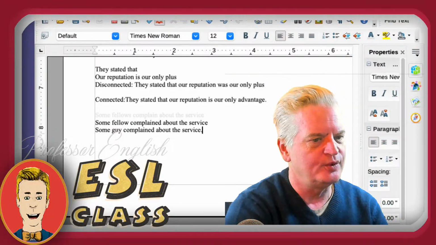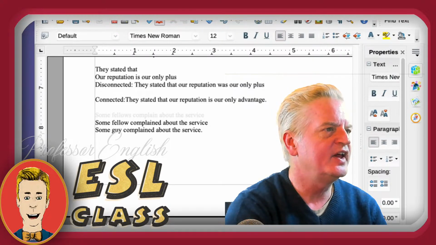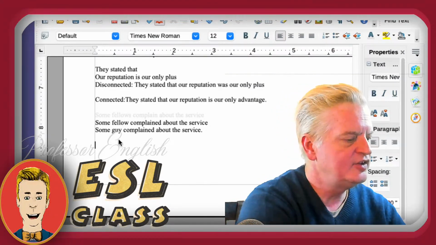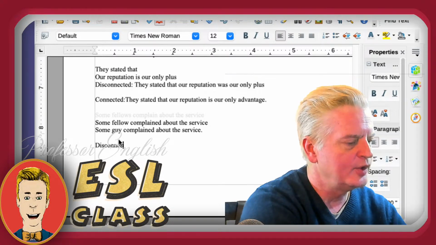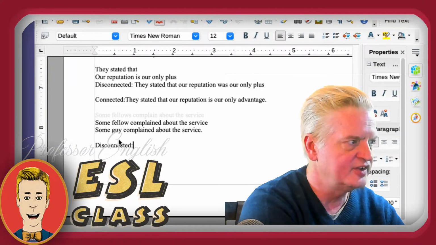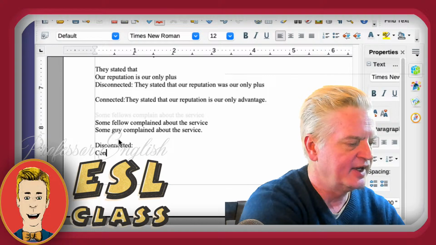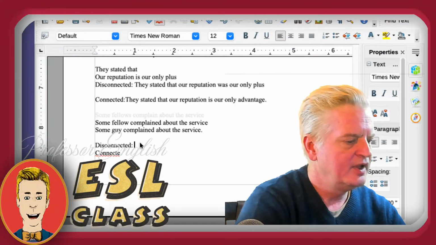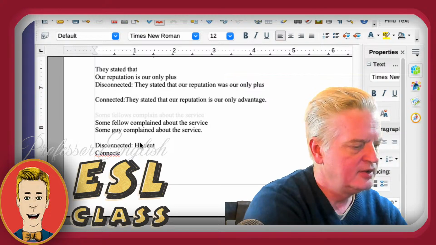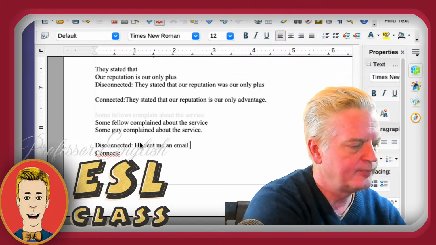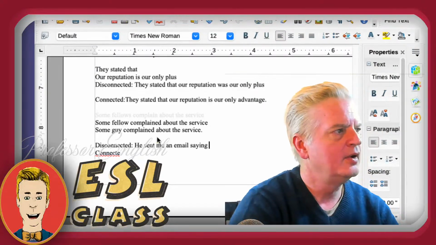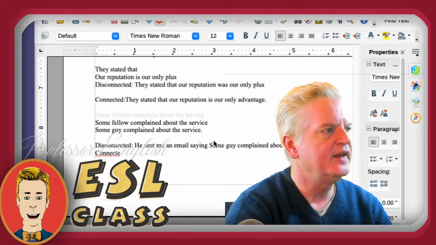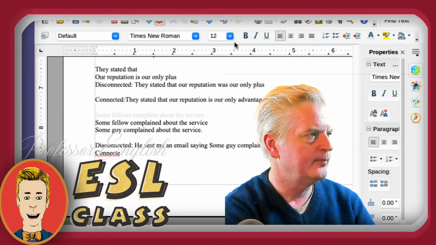Now let's change it to reported speech. First, let's follow the typical rules, okay? Let's do the disconnected reported speech. Let's call it disconnected, and then we'll do connected. So let's say he sent me an email saying, okay, and then how will you put these two together in the disconnected way?